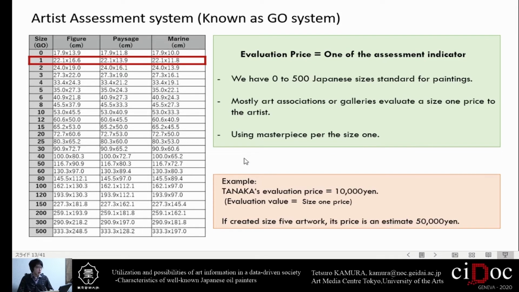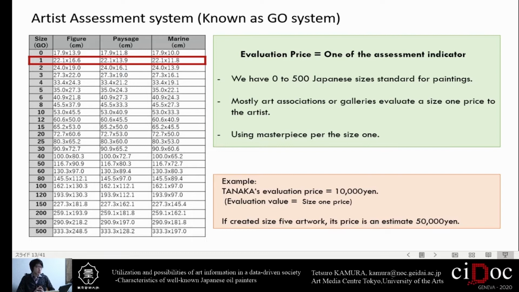In this slide, I explain an artist assessment system in Japan. We have a system known as the GO system. This system can tell the rough price of the artwork. We have 0 to 500 Japanese size standards for paintings.